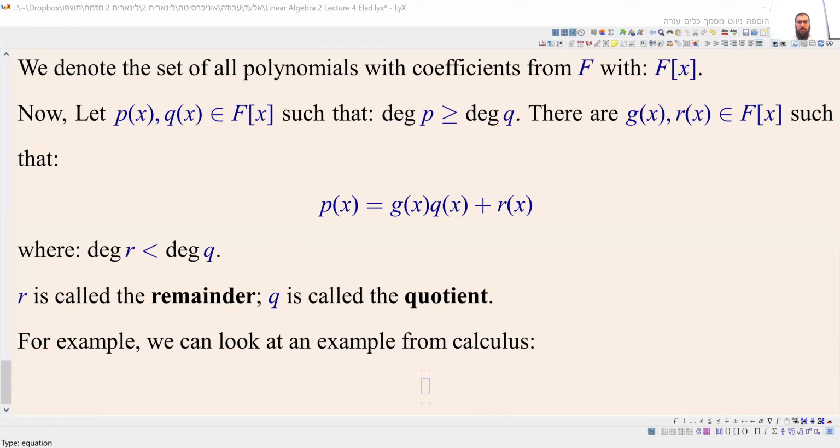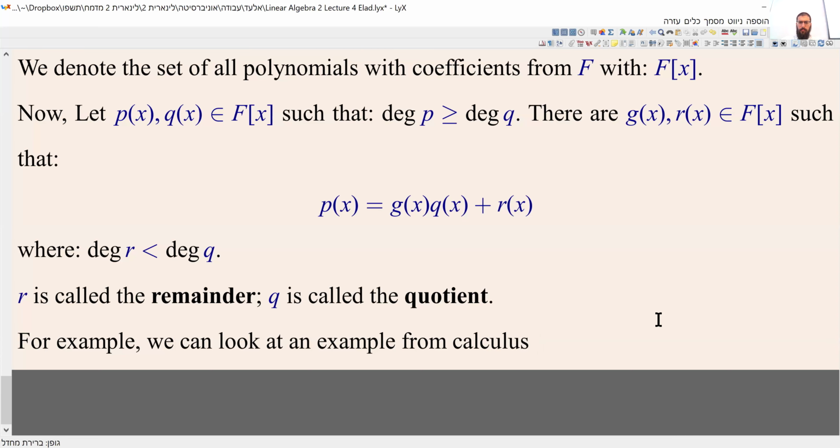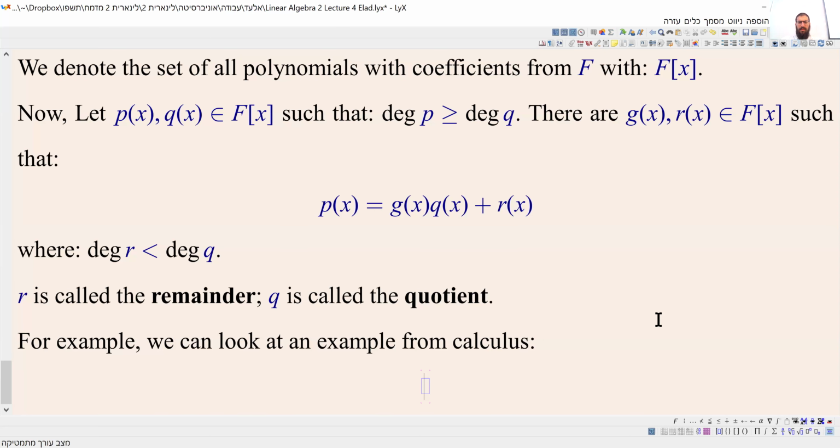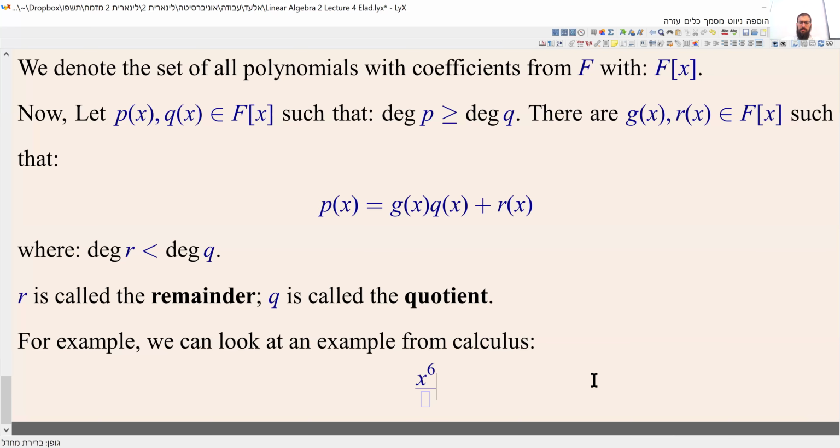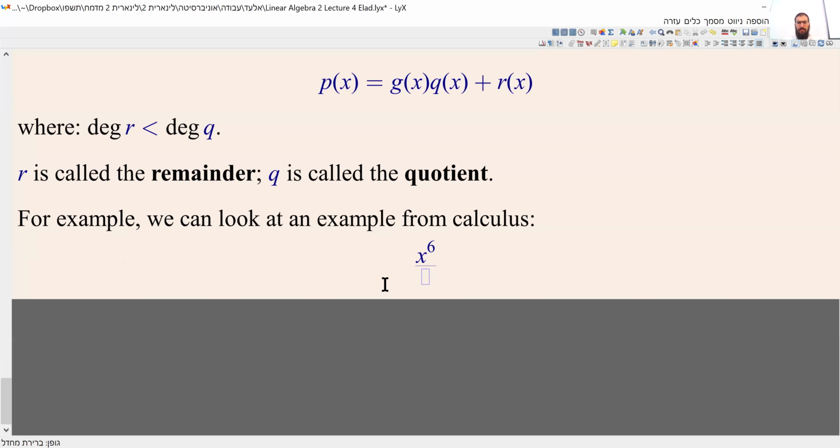Our calculus example, we got that. Okay, that's an ugly one. For example, there it was part of a discussion about finding the partial fractions.